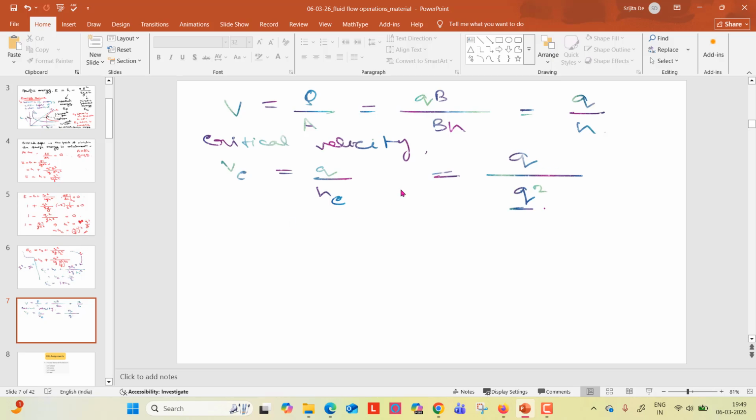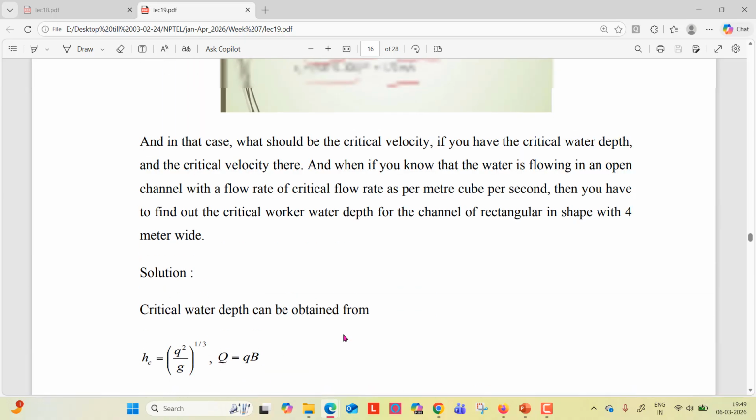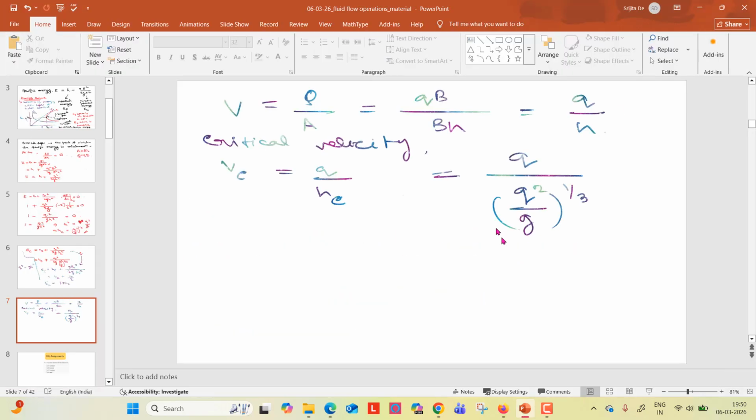Q square by G to the power 1/3, right? Or it is not taking the expression of, it is finding this in terms of Hc only. So forget about this step.